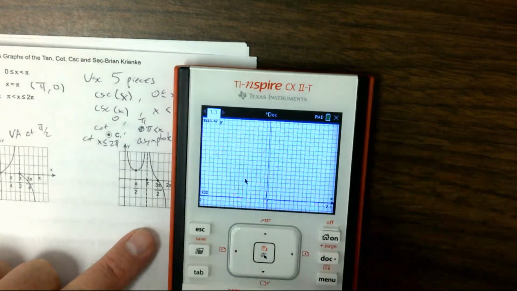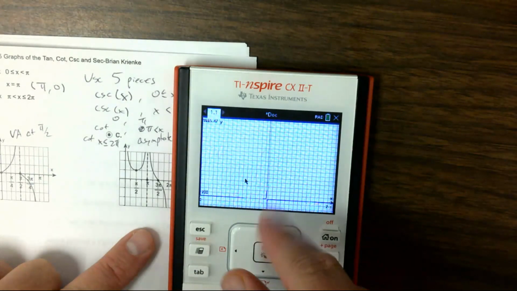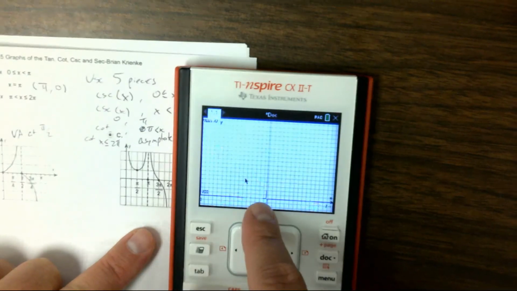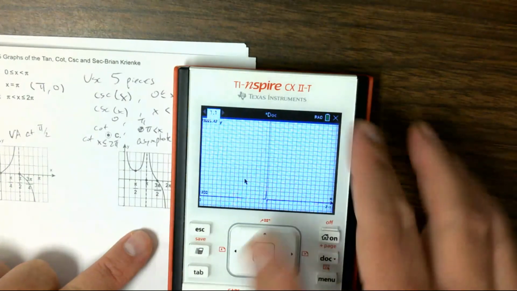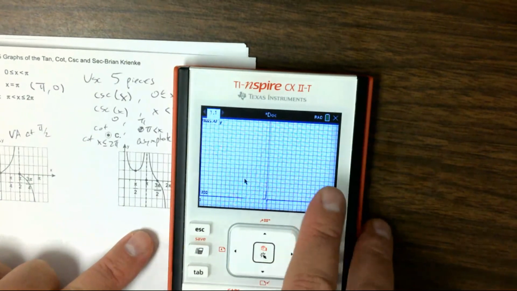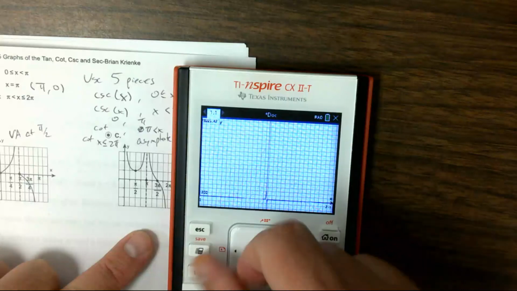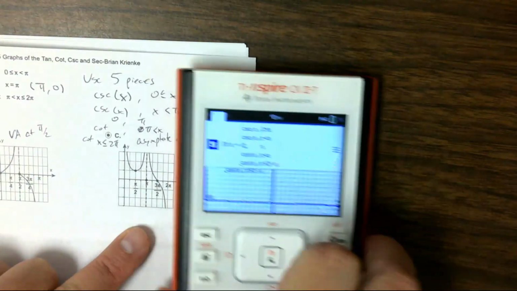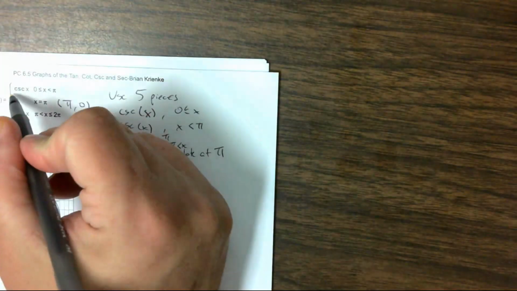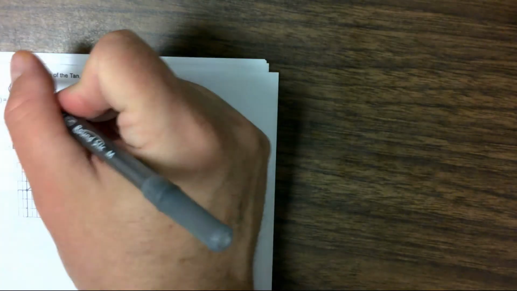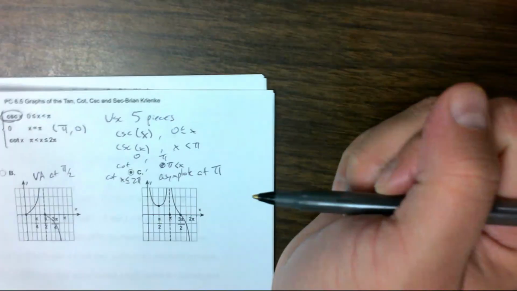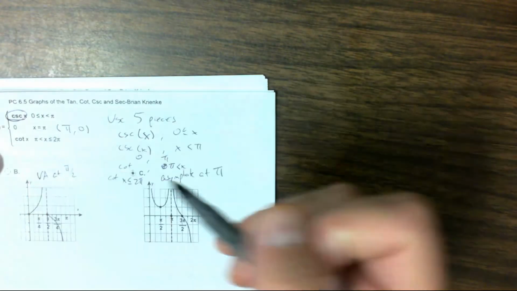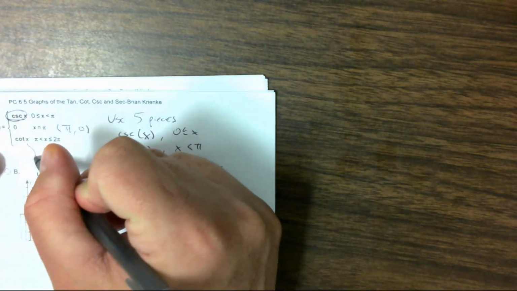When I did menu 4a, things just got crazy. Well, this is where the calculator may actually have a problem with it. I mean, that is the correct thing. But what you should probably learn is cosecant is the one that's going to be like a parabola, and cotangent would be the one that's going to be like coming down.